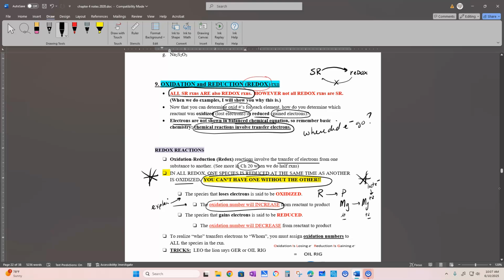Well, on the flip side, if it gains, it was reduced. And notice, with the example that I'm going to give you, the oxidation number decreases. So let's say I had chlorine, and I went to Cl -1. Chlorine is neutral. That -1 means that he gained electrons.